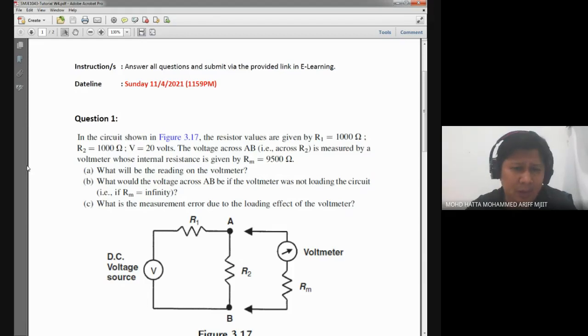The first question, A, what will be the reading on the voltmeter? And for B, what would the voltage across AB be if the voltmeter was not loading the circuit, i.e. if Rm equals infinity? And the last question is, what is the measurement error due to the loading effect of the voltmeter?